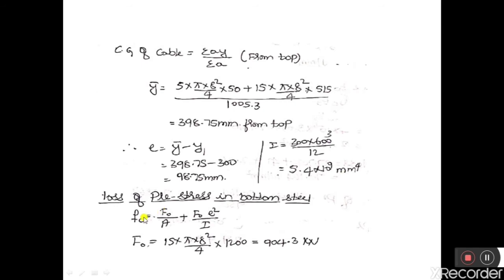Fc, the compressive stress in the concrete, is equal to F naught by A plus F naught into e square by I. So the cable is having constant eccentricity because the cables are straight cables. Therefore F naught is equal to 15 into pi into 8 square by 4 into 1200.